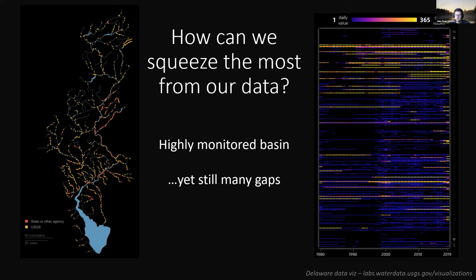And the chart on the right shows the number of stream temperature observations in this stream network per year per reach, with the lighter yellow meaning that there's more daily values per reach. You can see that in the northern part of the stream network, there's generally more observations. But there's a lot of gaps along the stream network, and our group has been injecting process knowledge into deep learning models to extract the most information from these data as possible.